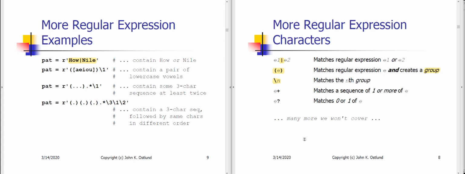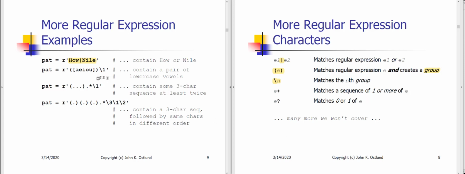If I use two sets of parentheses in my pattern, that creates two groups, and the leftmost one is group number \1, and the one on the right is \2. It's possible to have many sets of parentheses, and they're simply ordered from left to right, \1, \2, \3, and so on.